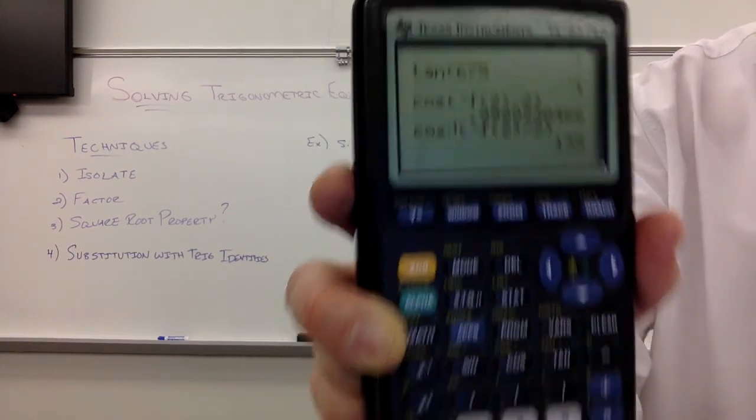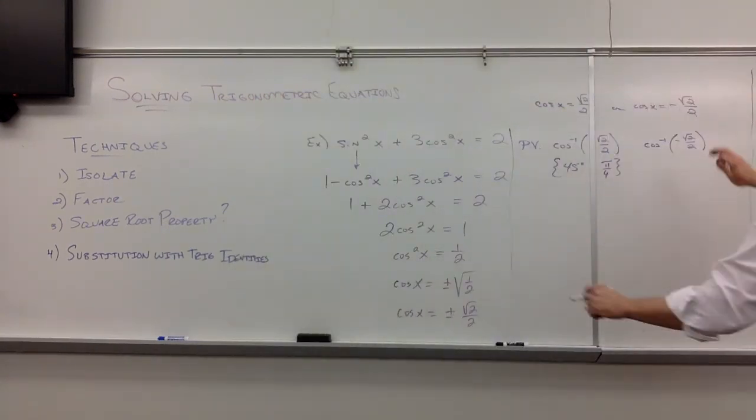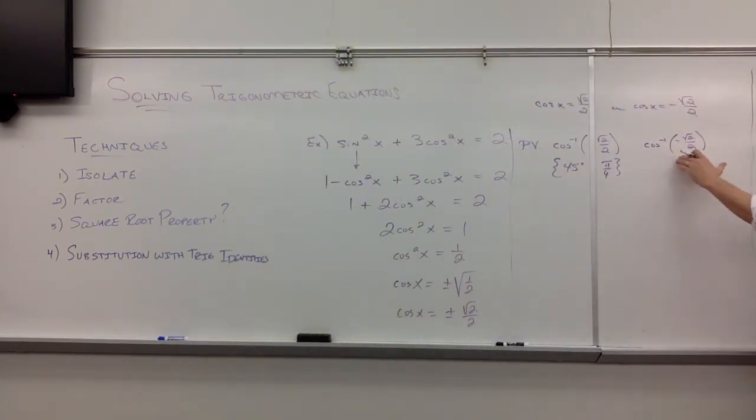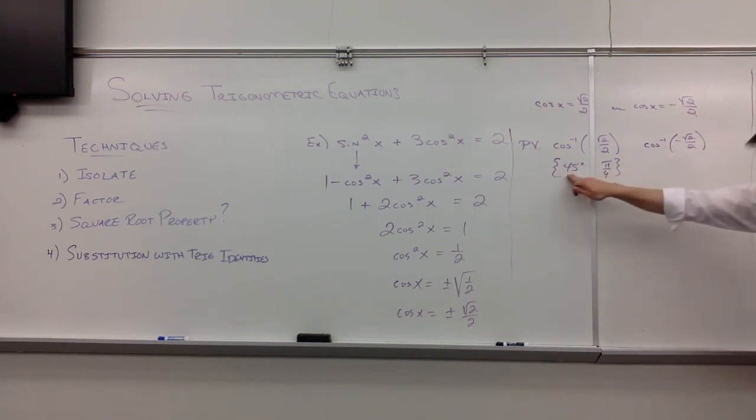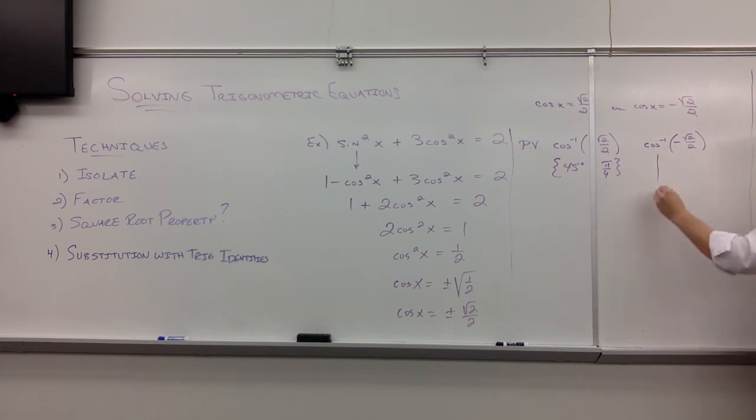Why is that true? Again, let's go through the math real quickly because this is important. It's either going to throw you in quadrant 1 if it's positive like it did here, or it's going to throw you in quadrant 2. Now, we'll use that 45 because I said pretend like this is positive. Well, you got 45, but in quadrant 2, you got to go with the reference angle.